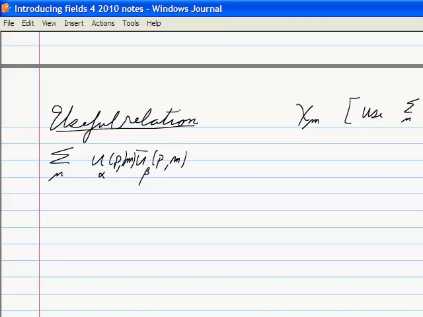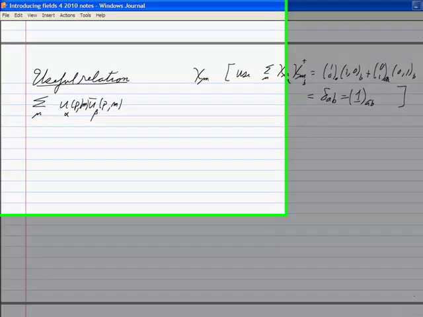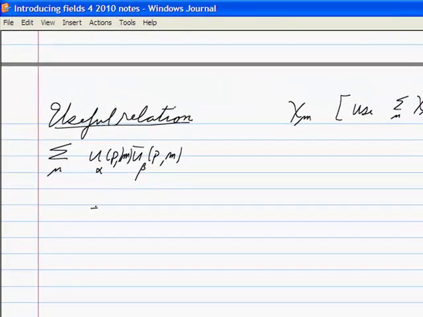Okay, and so if you think of this guy being a column and this guy being a row vector, then this forms a 4x4 matrix with the index AB. Okay, so here's the first place we run into these things.